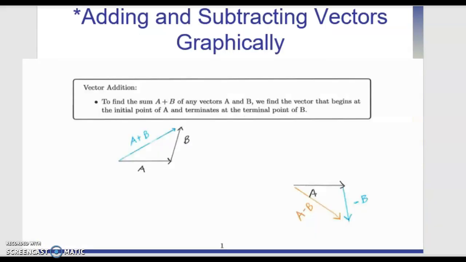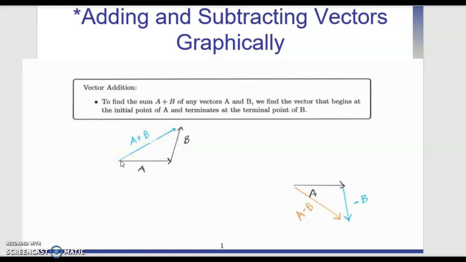Now looking at adding and subtracting vectors graphically. To find the sum A plus B of any vectors, A and B, we find the vector that begins at the initial point of A and terminates at the terminal point of B. Notice in the diagram that terminal points have arrowheads and initial points do not.